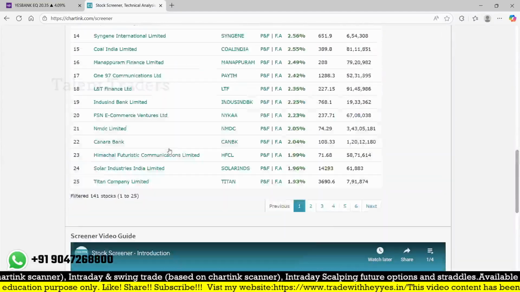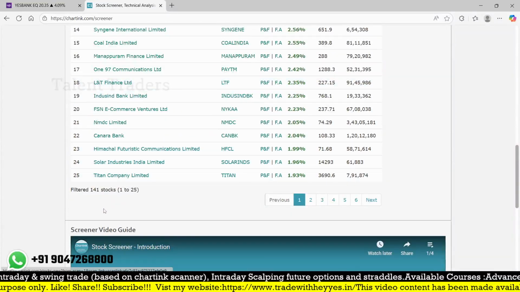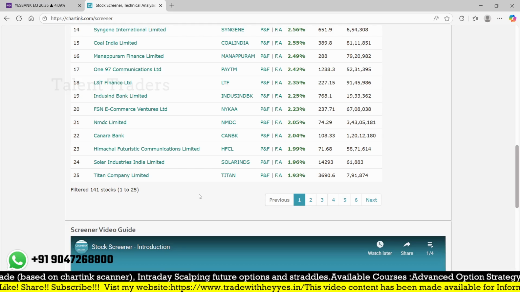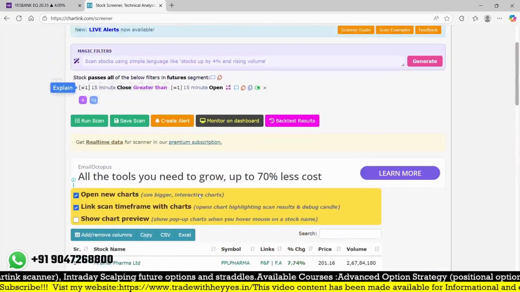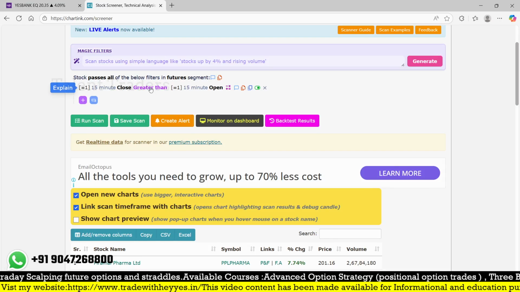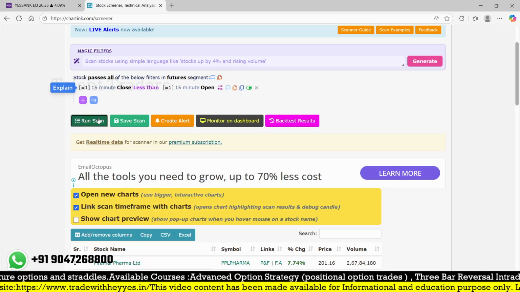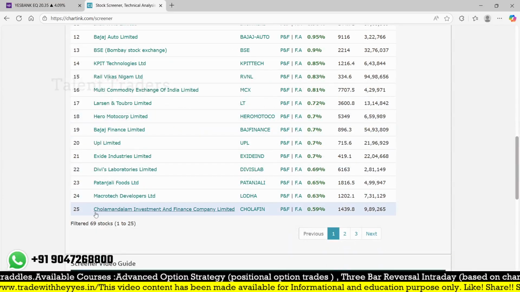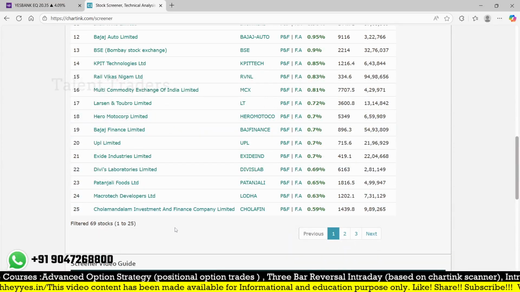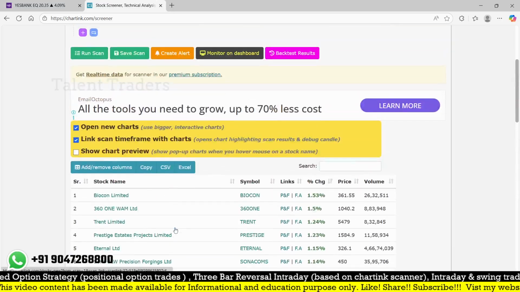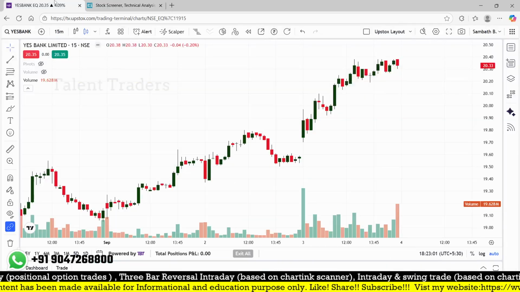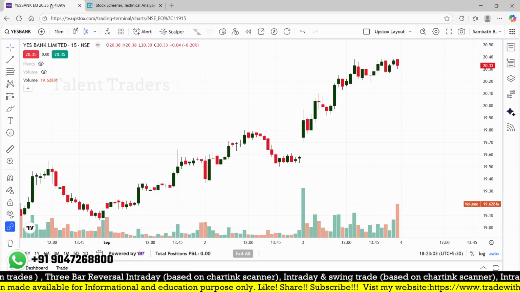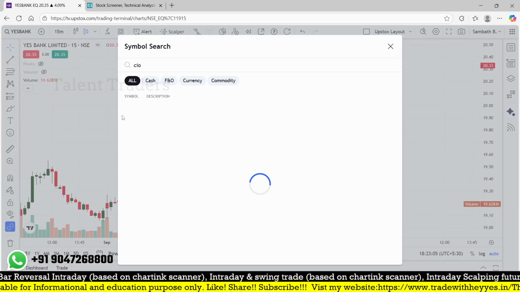If you are making this condition, what are the first candles? These are all the stocks in the F&O category, almost 141 stocks, which closed positive, that is a green candle. Here in this case, with less than, you will see almost 69 stocks which closed negative in the first candle. So let me check Biocon.